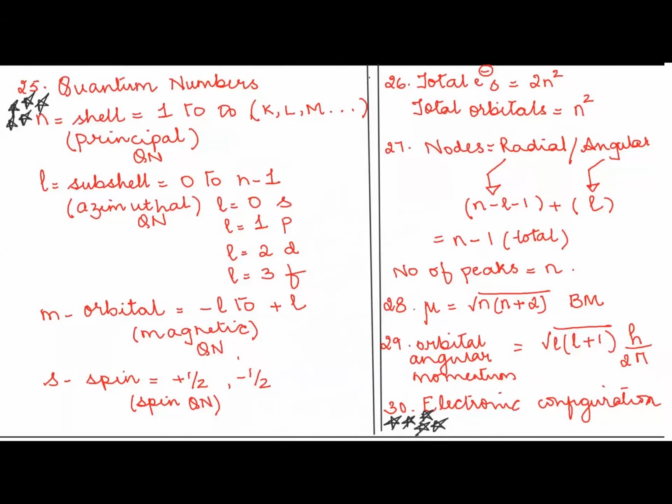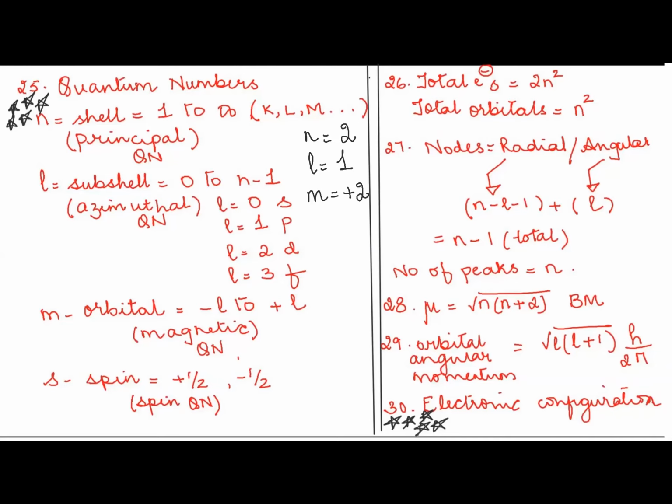Let's take one more example. If I have L as 1 and m as plus 2, n I will write as say 2. Is this situation okay? Can this orbital exist? What do you think?